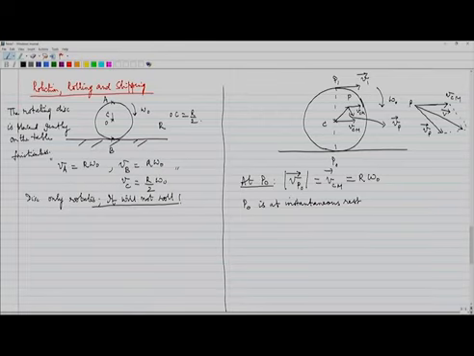So we call it VCM, the velocity of the center of mass, which should be the same as R omega naught. As long as this is maintained, this is the condition for rolling without slipping.